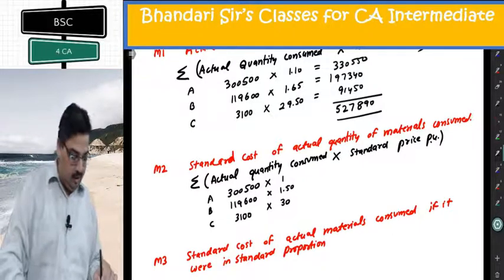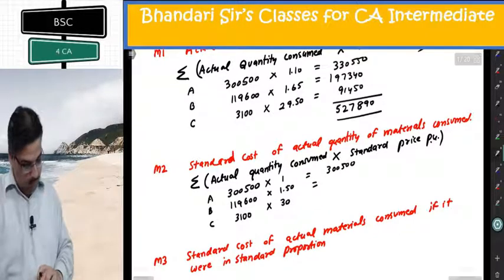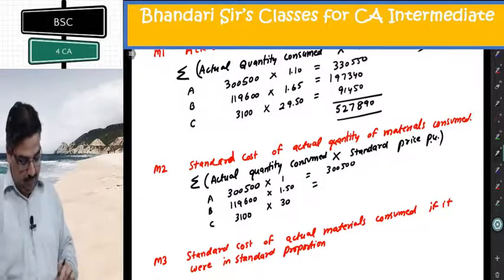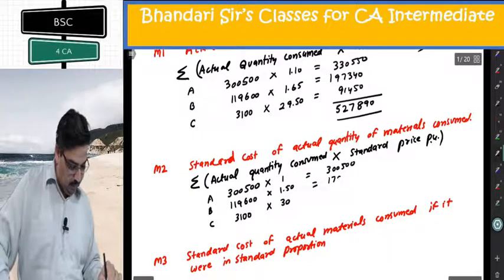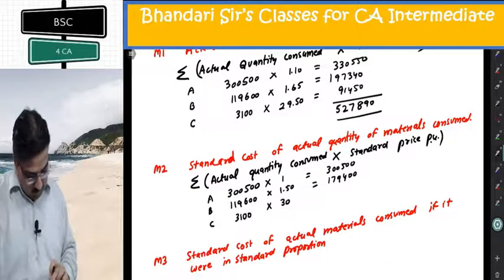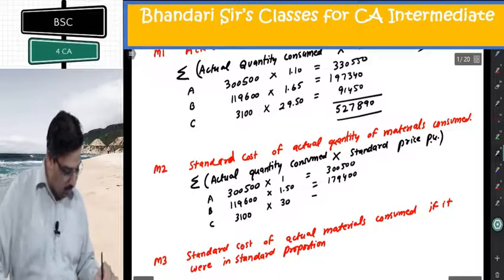They are the standard rates given. 3,500,000, 1,19,600 into 1.50, 179400. 3,100 into 30, 93,000.